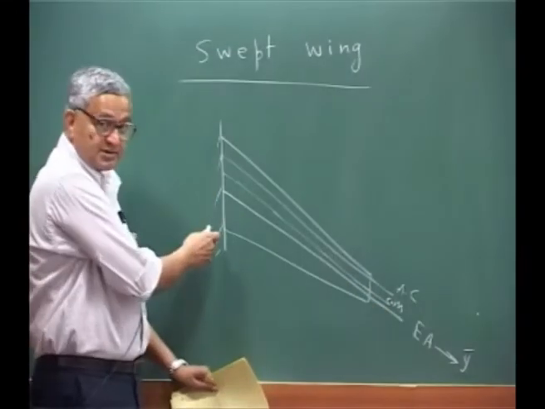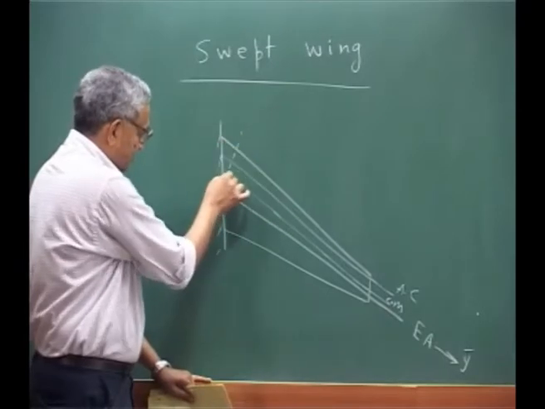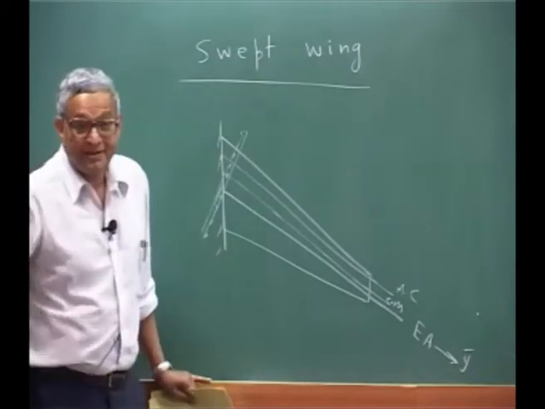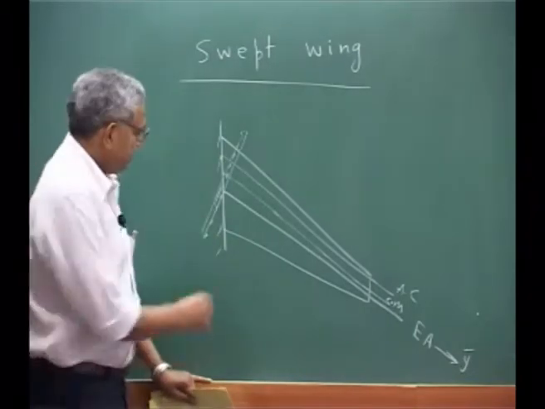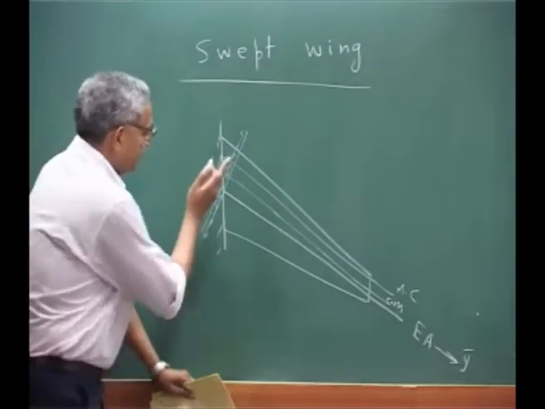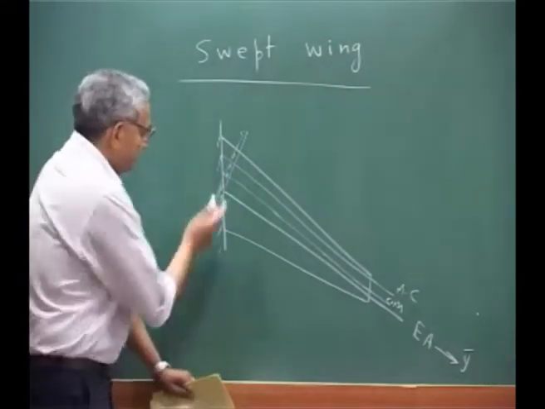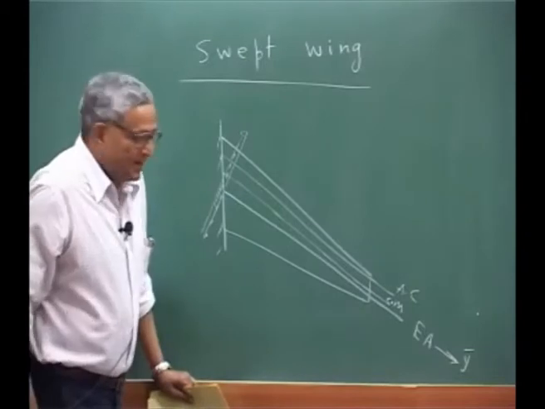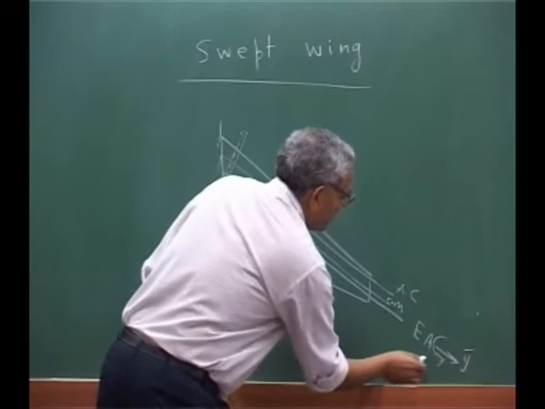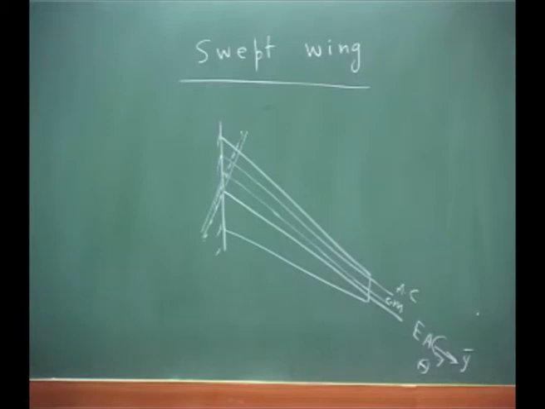See, even though the root is a little skewed, you normally take it like this, as though this is my root. This portion is neglected. Essentially, you take it as though this elastic axis is perpendicular to the root, and you have bending of this and a twist about the elastic axis.